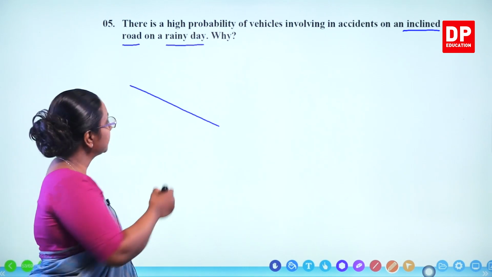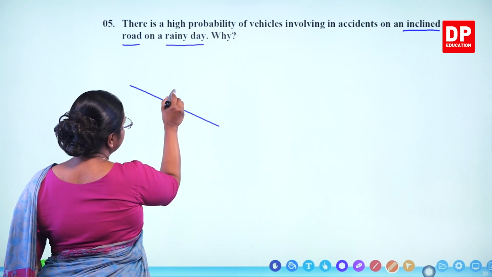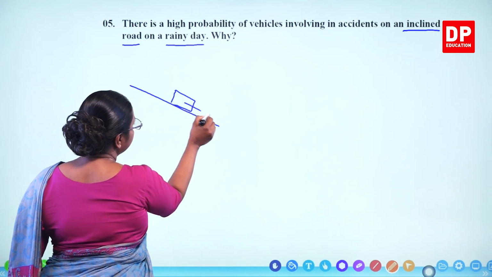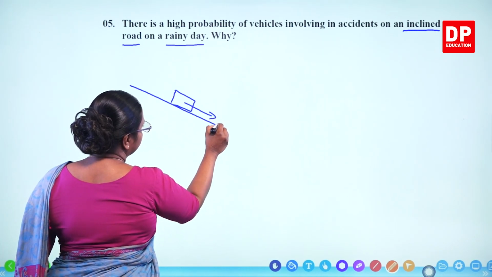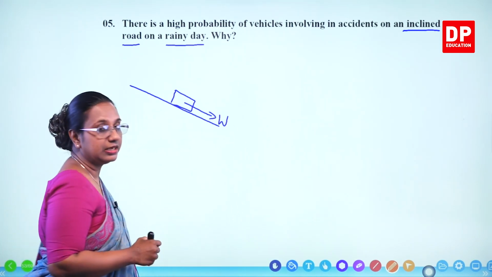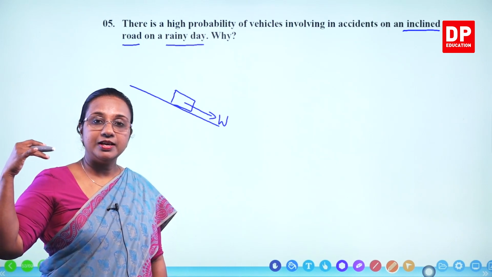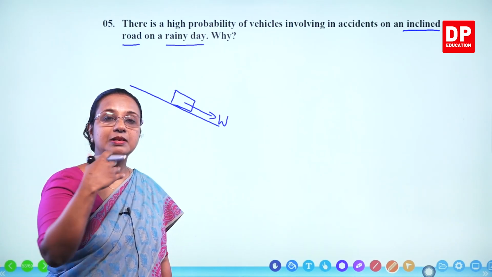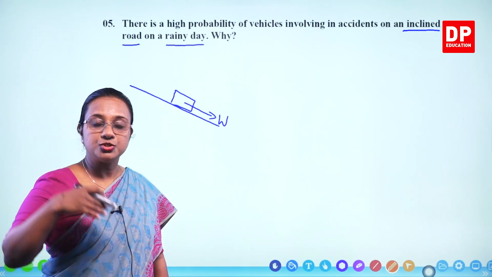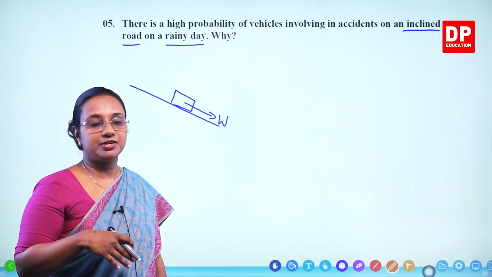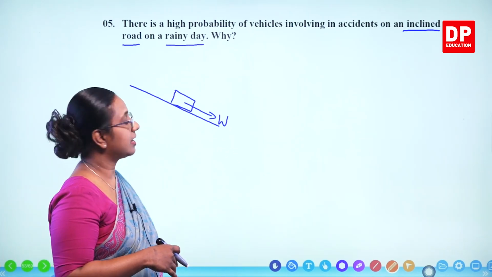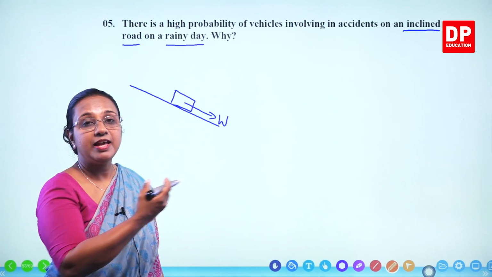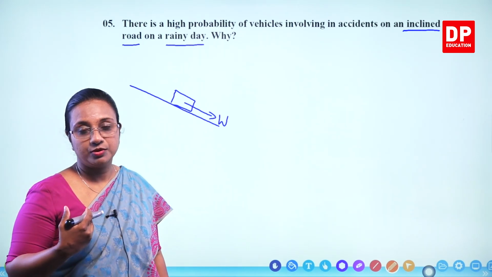What happens is, due to this inclination, if this is the vehicle, the weight of the vehicle will be acting downwards. So when the vehicle is moving down, there will be a little more force towards the downwards direction, or if the vehicle is trying to move upwards, the weight will be pulling it down.